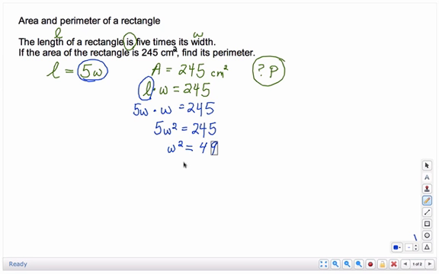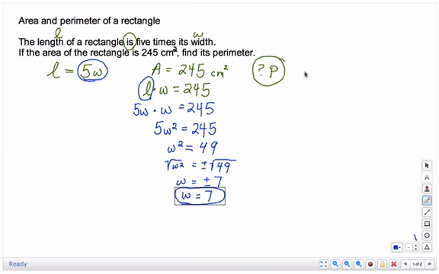And now at this point is when you would take the square root of both sides and you could have a plus or minus solution, which would give you W equals plus or minus 7, but our width cannot be negative, so we just need to consider the positive part of our solution. So W is 7. Okay, so we found the width.